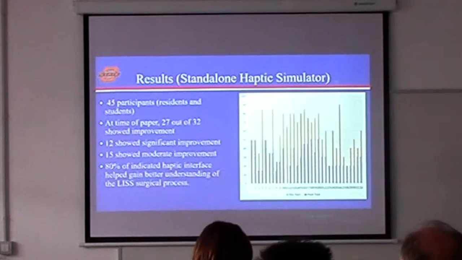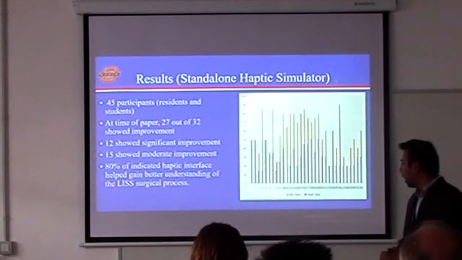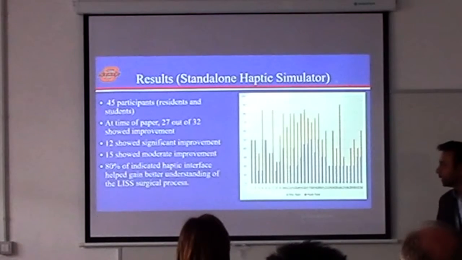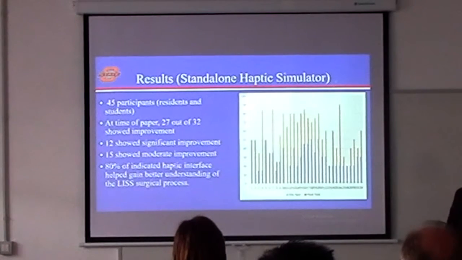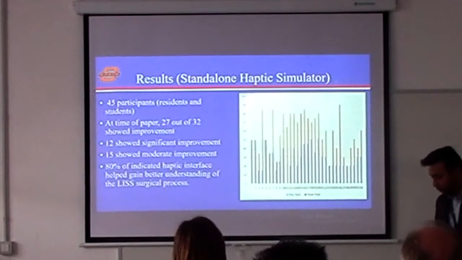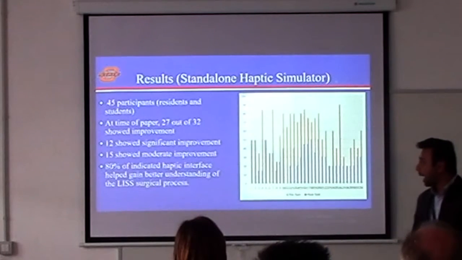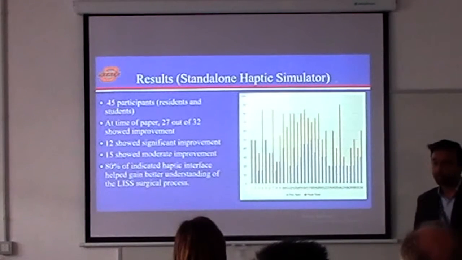Here are the results from the standalone haptic simulator. Currently 45 participants have participated in the test, but at the time when we published this paper, we had 32 participants. Out of the 32 participants, 27 showed improvements. And the surgeon rated the improvement in two categories, significant and moderate.